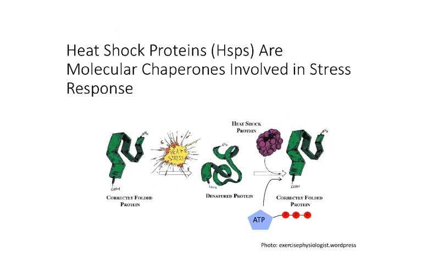And again, just to back up a little bit about what heat shock proteins are, they're these molecular chaperones involved in the stress response. So if we walk through this image here, under normal conditions, we have a correctly folded protein, but under conditions of heat stress, that protein can become damaged and denatured, so it's no longer in its proper conformation, it can't work right.